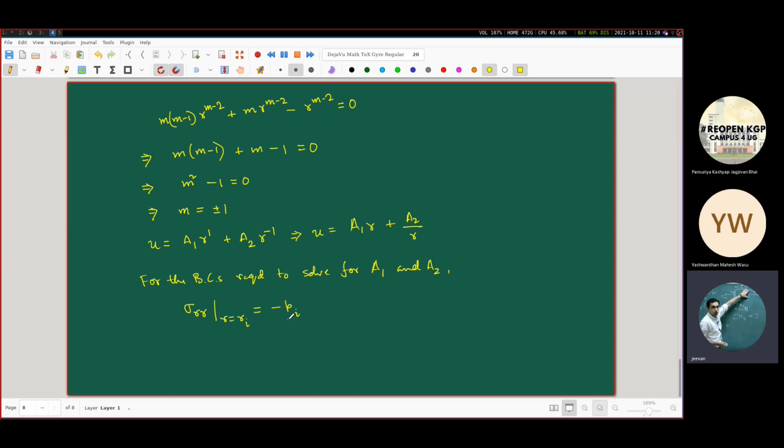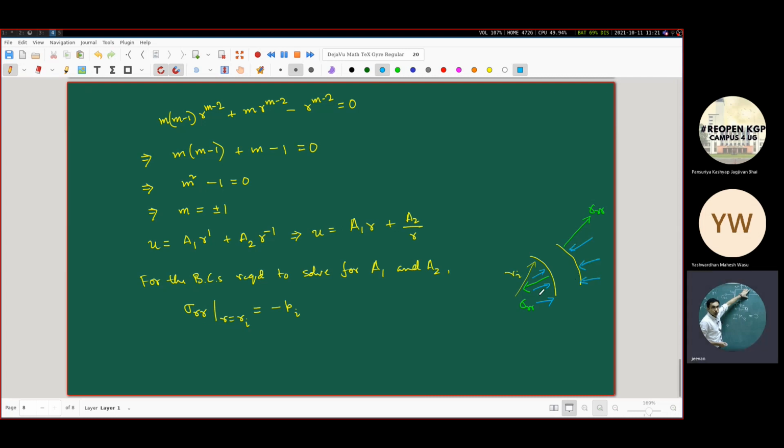It is minus Pi because you understand that at the inner radius, so if this is our inner radius Ri, the pressure is acting in this direction, but the radial stress component is like this, sigma Rr. Correspondingly, at the outer radius, this is our stress component, but the pressure is acting like this, inward.